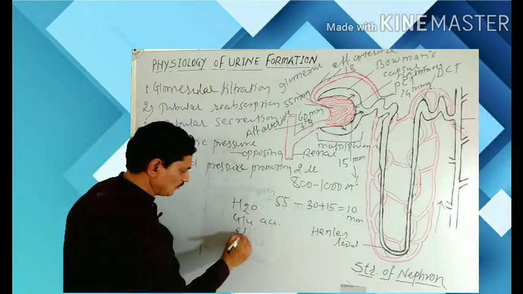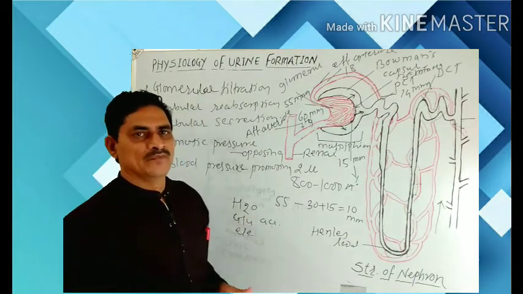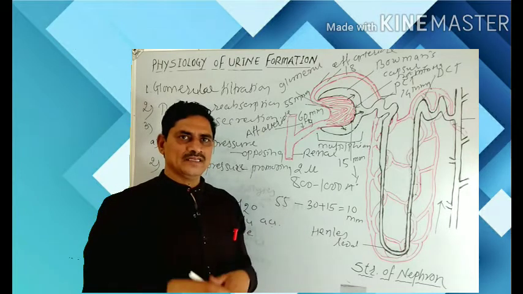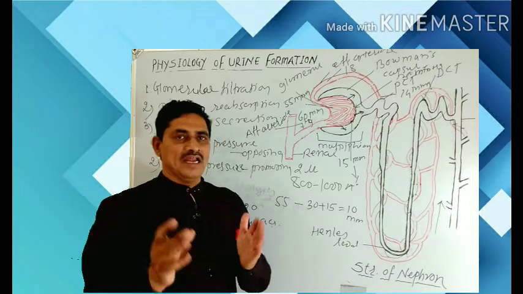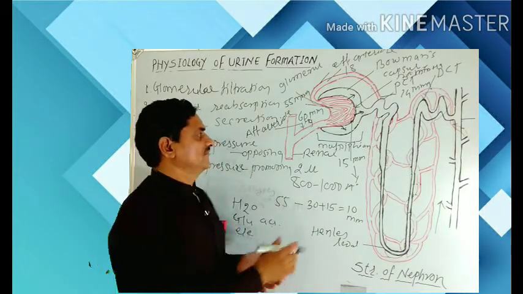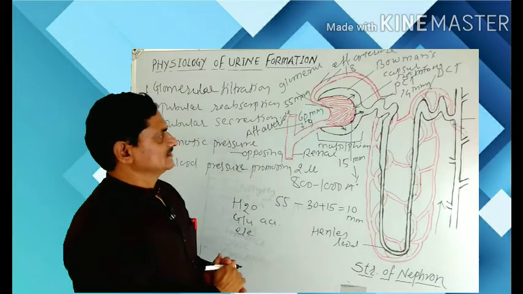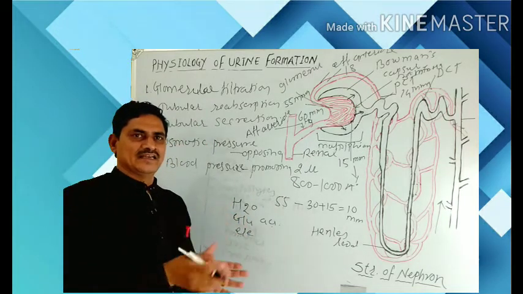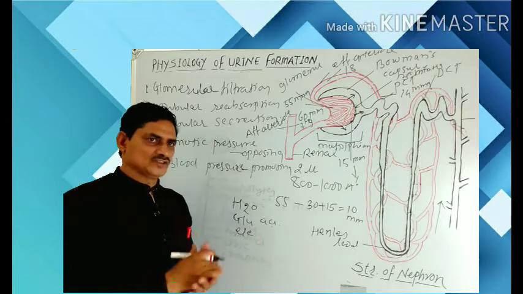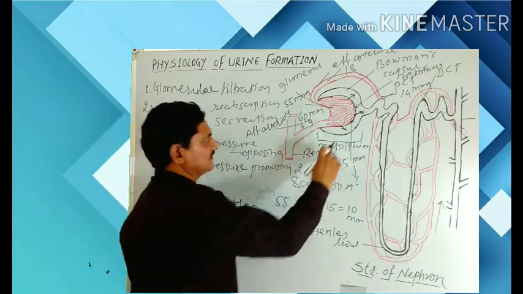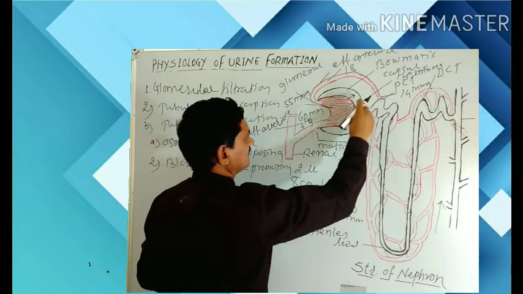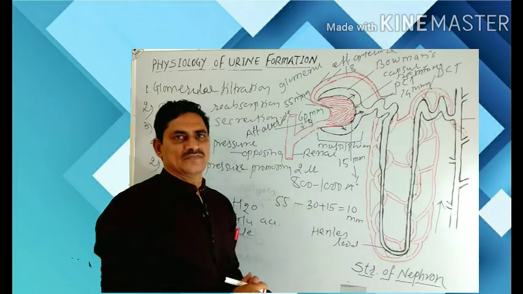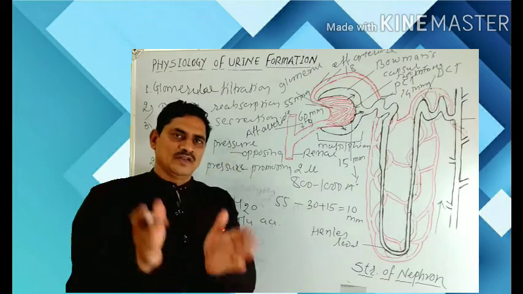Besides this, the electrolytes, sodium, potassium, chlorine, bicarbonates, calcium and vitamin C also filter. Besides this, the nitrogenous waste materials, uric acid, creatinine or the trace elements of nitrogenous waste, all these are filtered and enter into this renal space. This is the glomerular filtrate.